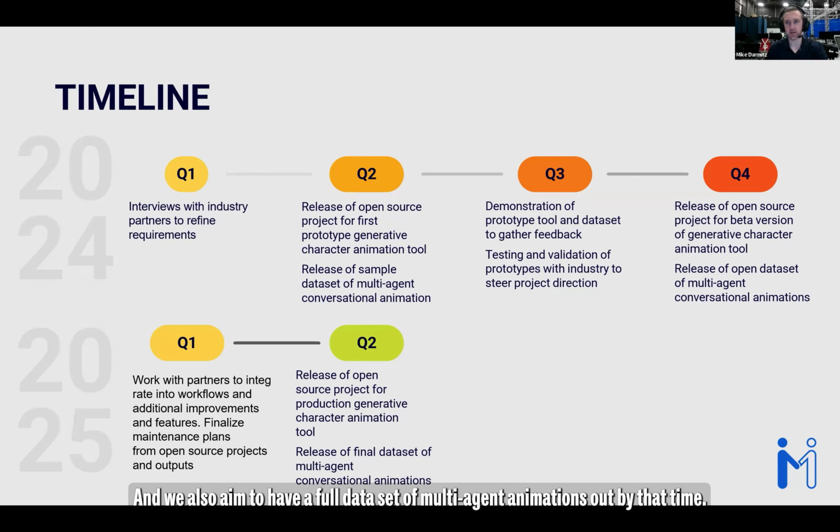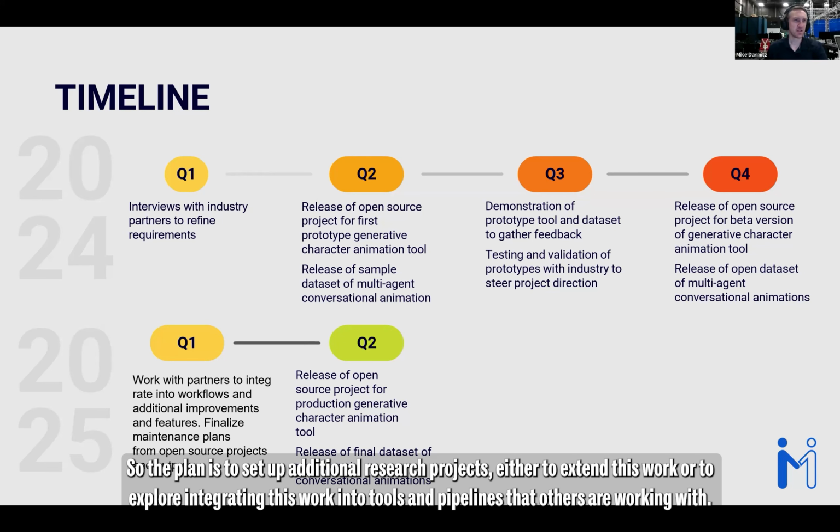We also aim to have a full dataset of multi-agent animations out by that time. And finally, the project will aim to wrap in Q2 of 2025. But we really don't want the project to stop there. So the plan is to set up additional research projects, either to extend this work or to explore integrating this work into tools and pipelines that others are working with.